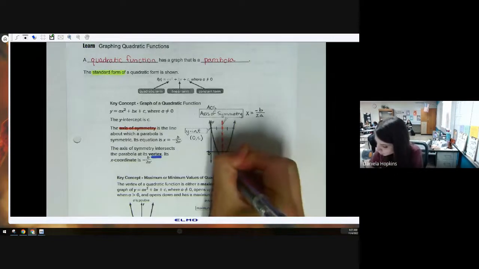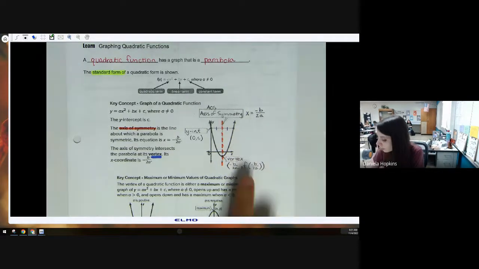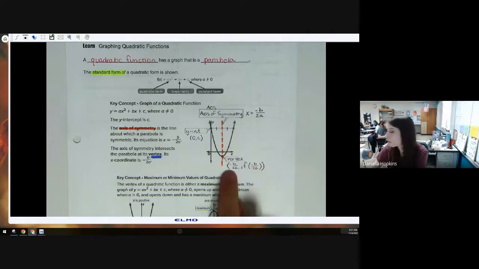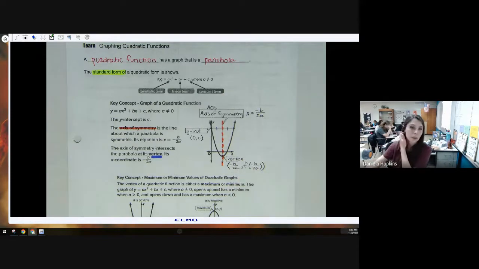I'm going to use function notation here: f of negative b over 2a. Remember, all that's saying is that you plug in this value. So if this was 2, you plug 2 into your original function and you'll get a number out. That's what this y is. Again, this looks kind of confusing. We will go through an example, and hopefully that'll clear up what that means, or at least a little bit.